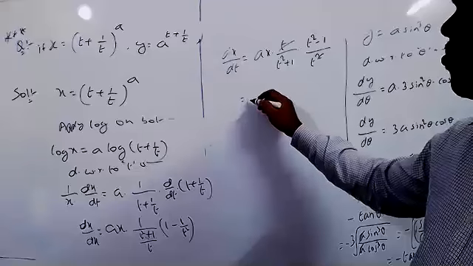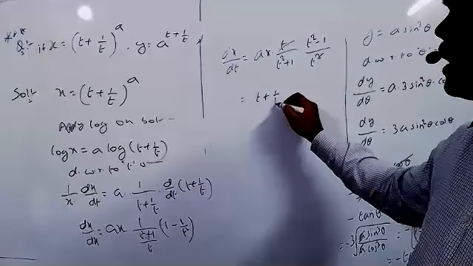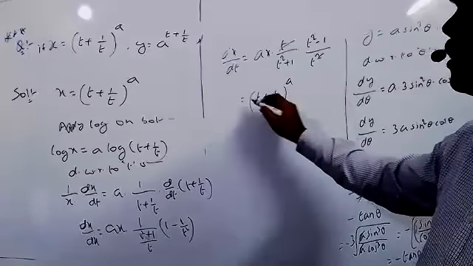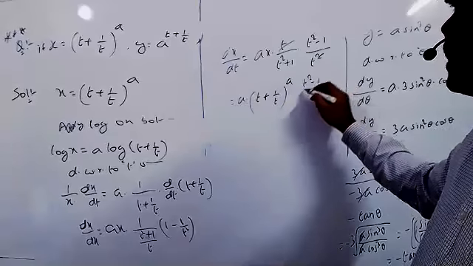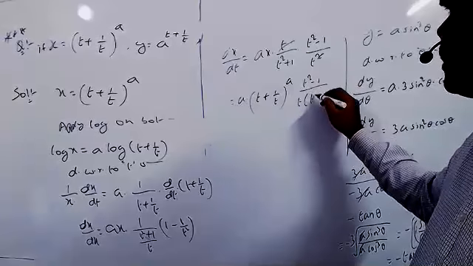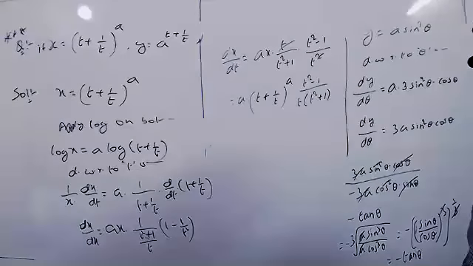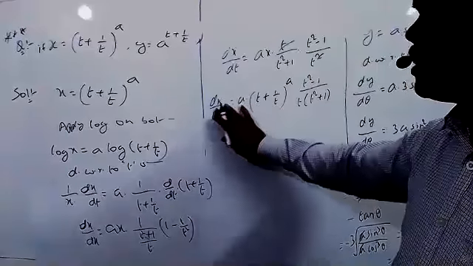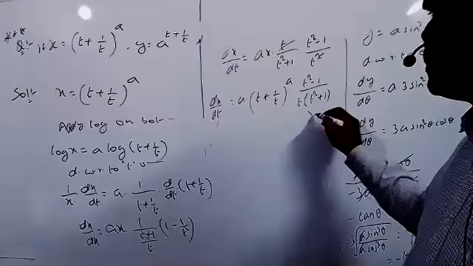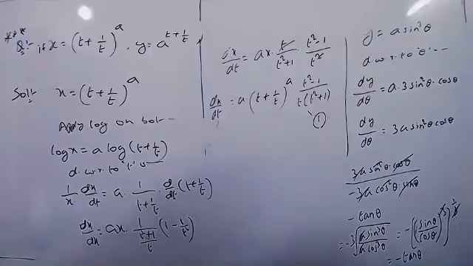And the value of x equal to t plus 1 by t whole power a. Here also you can write now a into t square minus 1 by t into t square plus 1. So this is equation number 1, dx by dt, we got now.